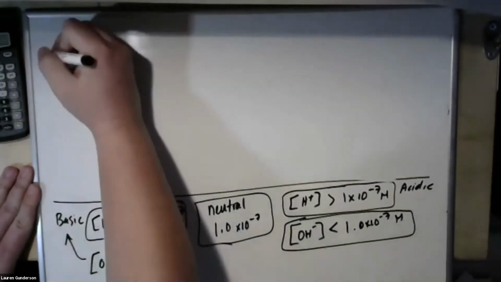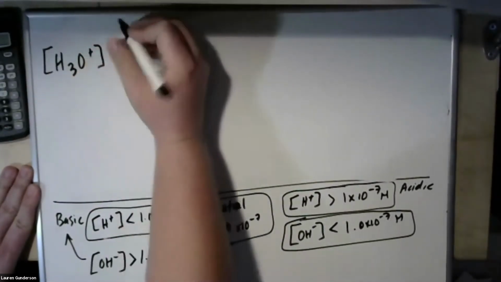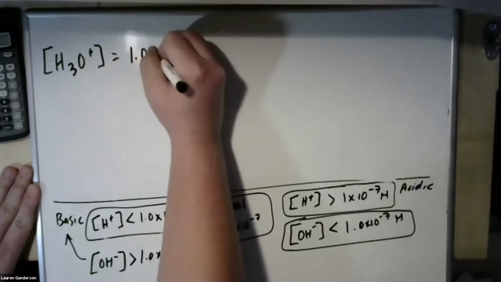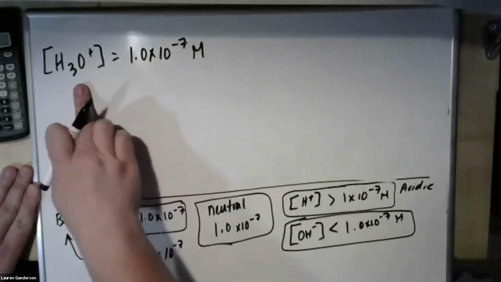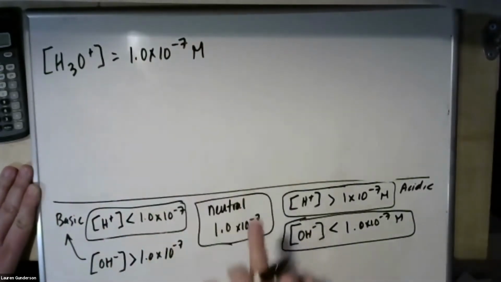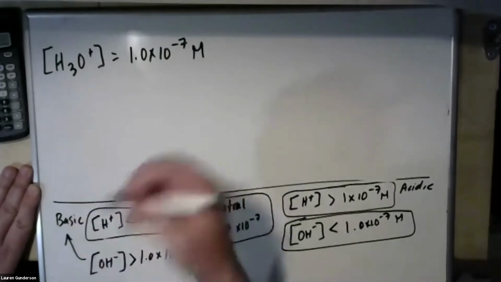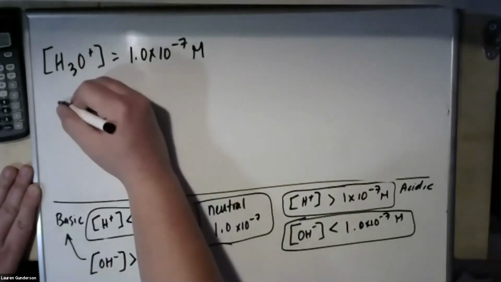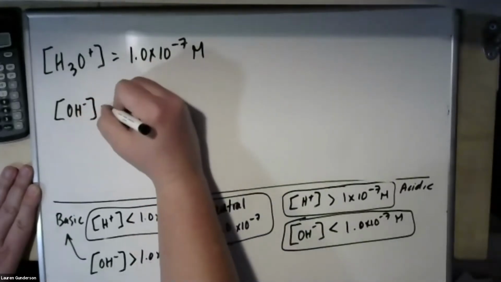And the last calculation, I think they're just throwing this in here for like a demonstration. Because they give us a hydrogen ion concentration of 1 times 10 to the negative 7. And we should know right away that that's our neutral value. We can solve for it though and just see for ourselves that our OH minus concentration is going to be the same number.